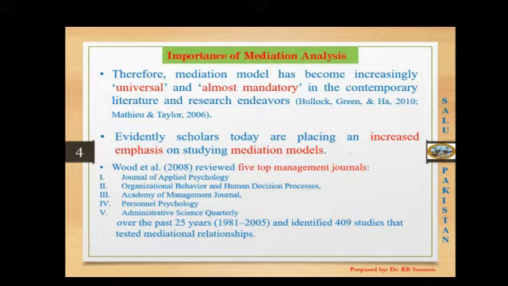Now this is a story 25 years old, and now it is 2021. Almost 15 years have gone, and if someone repeats the same work, reviewing research papers from these top 5 journals, then you will find a highly increased number of studies that have used a mediator or mediation in their research papers.